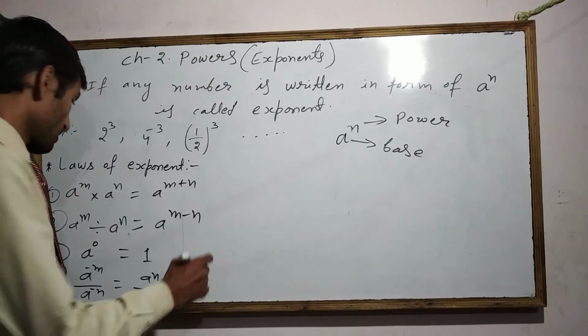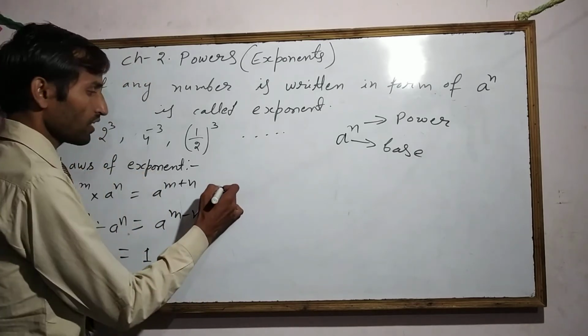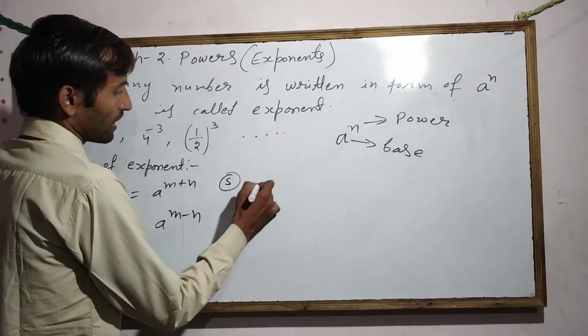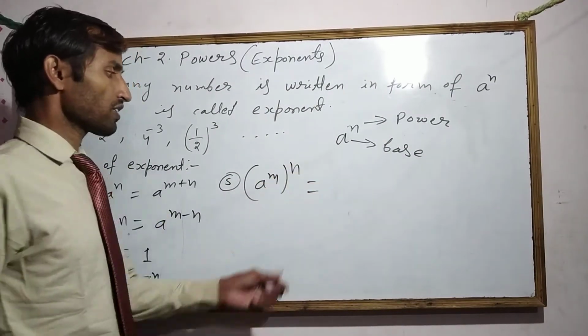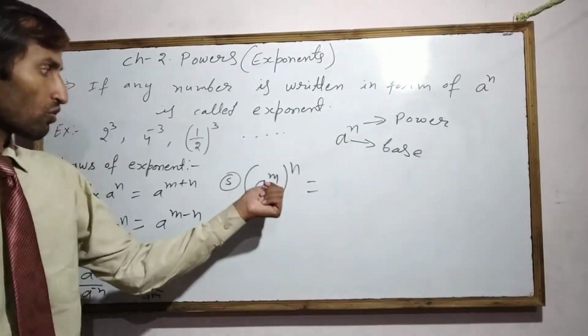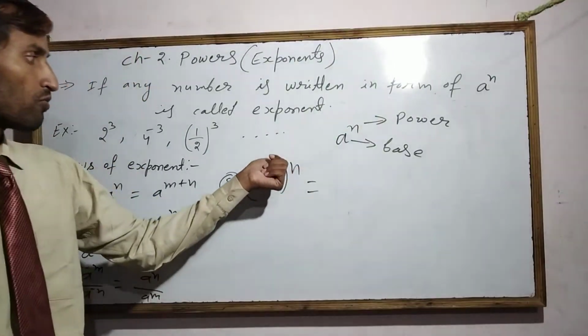Sometimes a question is written as (a^m) the whole power n. In this case two powers are there, so we multiply both powers if we remove the small bracket.